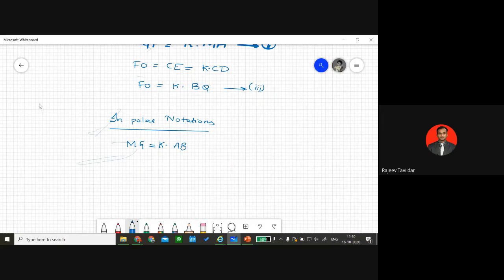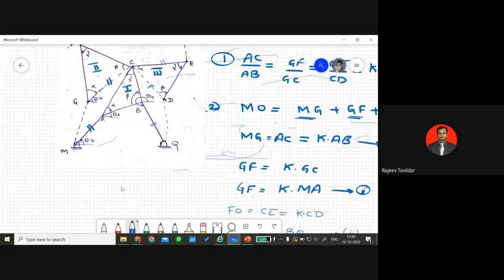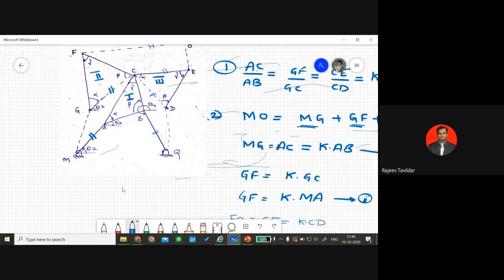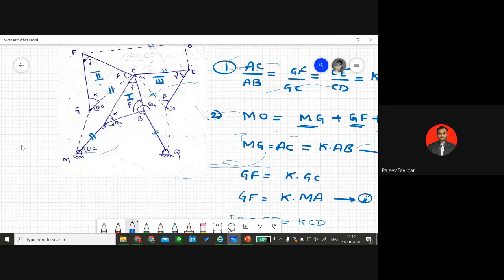So let us see this line AB, whatever I've written here in the diagram, where it is. Over here. Okay, just a minute. AC.